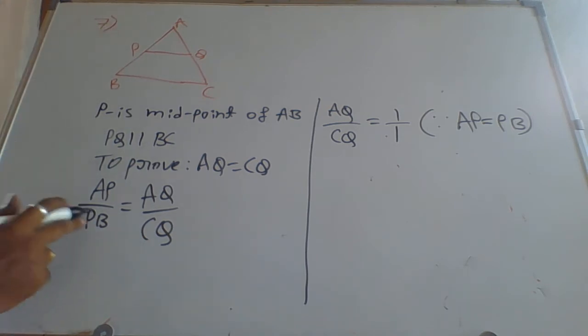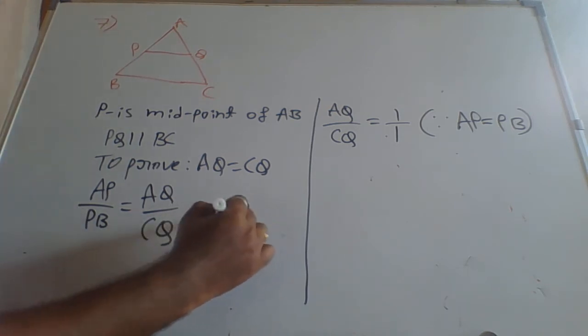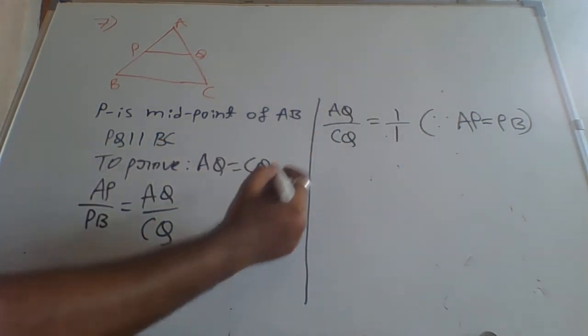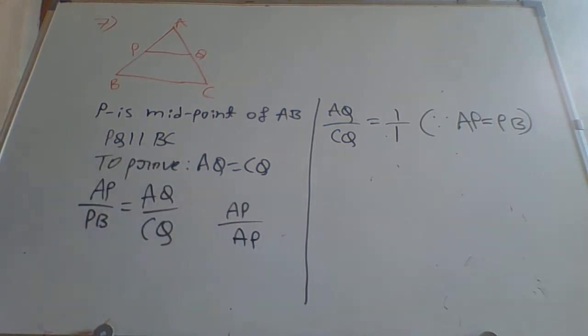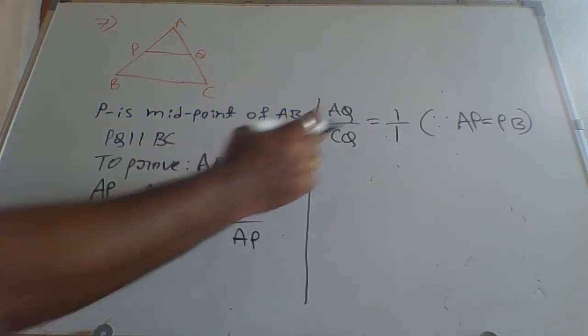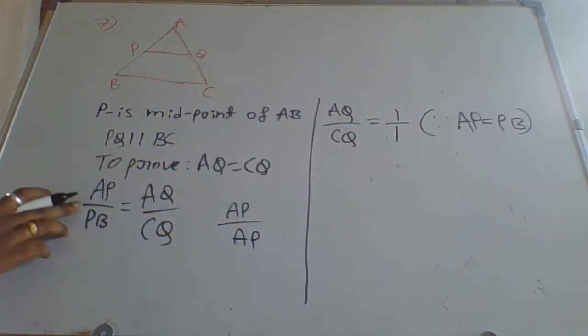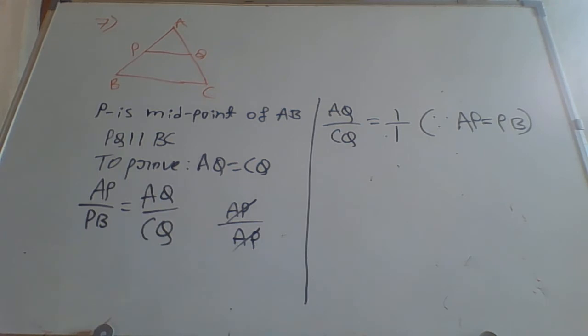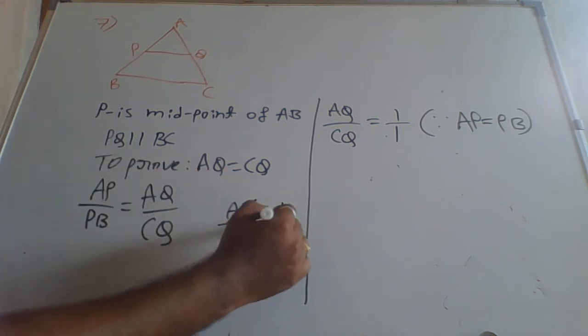If AP is equal to PB, then I consider AP by AP, and we can cancel AP. We will get 1 by 1.